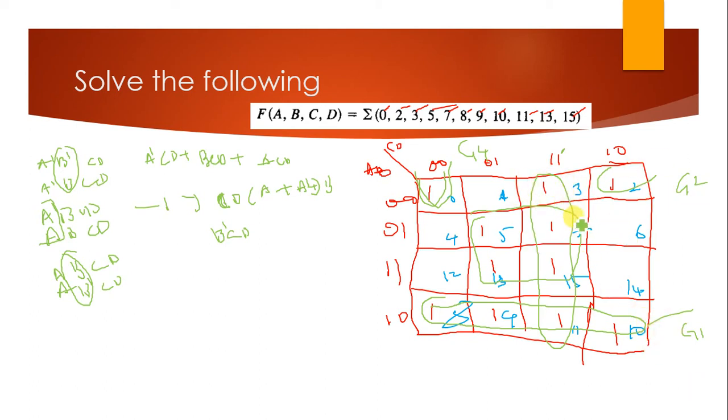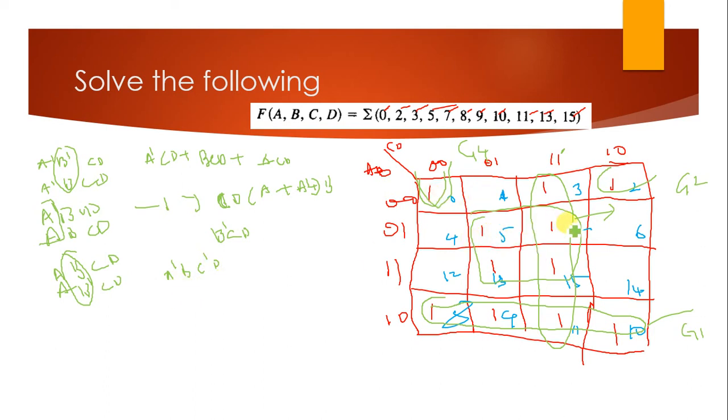Next combination is the second quad, this thing, which is group 2. That is A dash B, A dash B, C dash D, C dash D, and let us check what has been shifted.